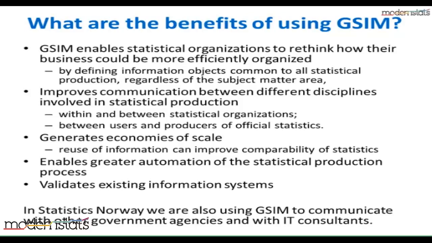It improves communication between different disciplines involved in statistical production, both within and between statistical organisations, between users and producers of official statistics. It generates economies of scale. For example, reuse of information can improve comparability of statistics. It enables greater automation of the statistical production process and can be used to validate existing information systems.